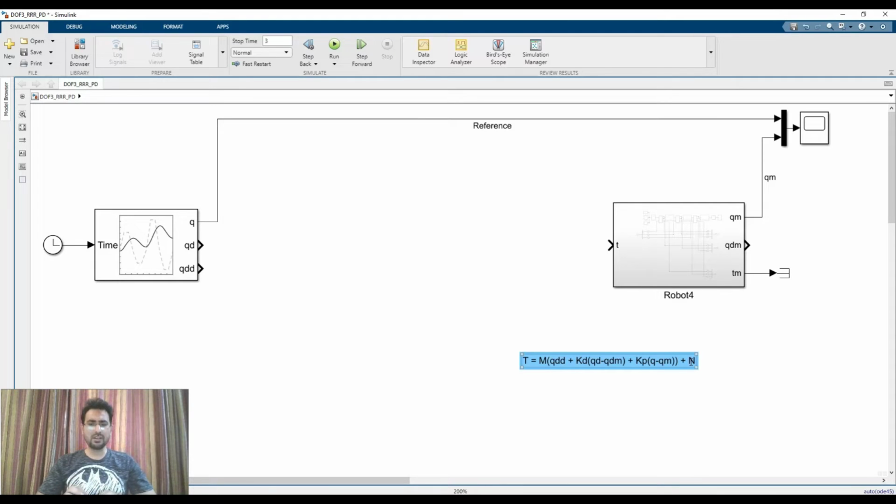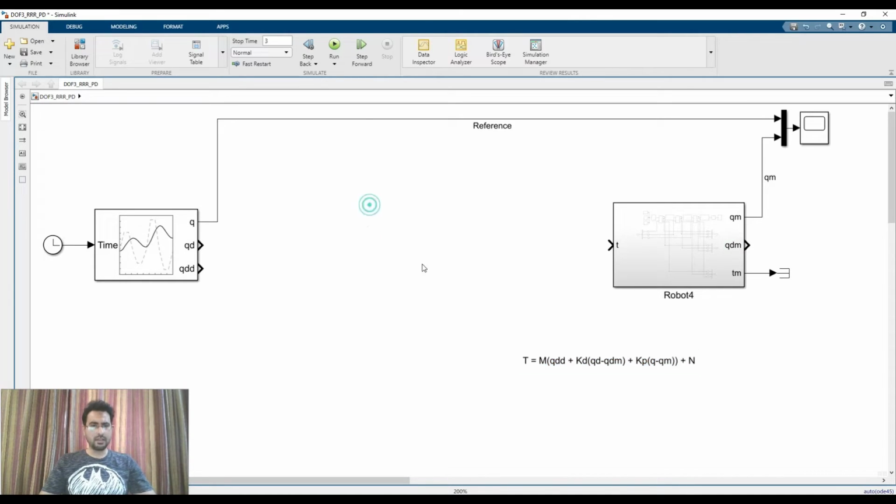The three things that are particular to the robot's dynamic structure will come from the Robotics System Toolbox, and those three things are the mass matrix, the velocity product, and the gravitational torque. Whereas the required acceleration, the required velocity, and the required angle will be coming from this trajectory generator, and the measured velocity and measured angle will be coming from the robot from this side. So I guess we have all the things that we require, and now we should start implementing this equation.